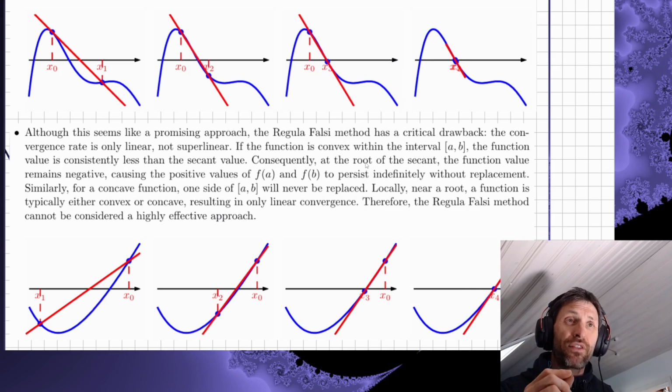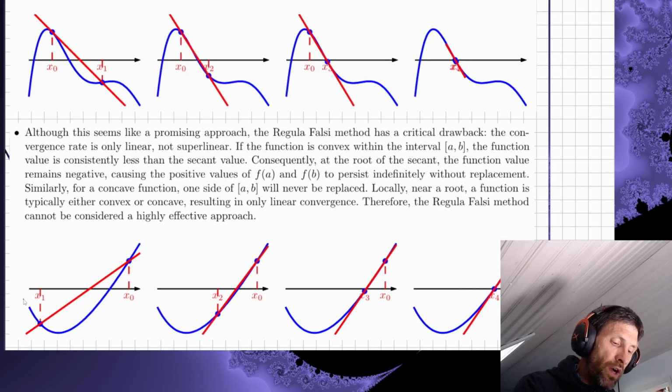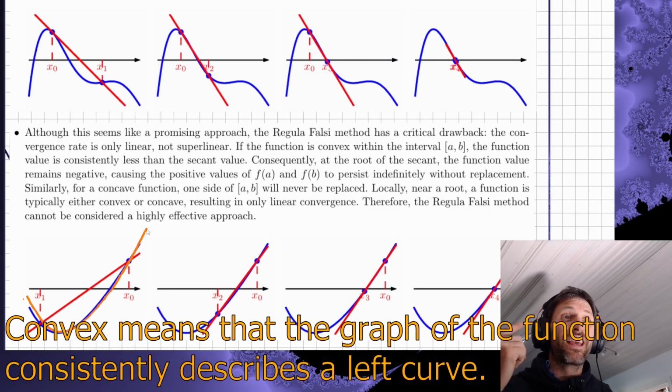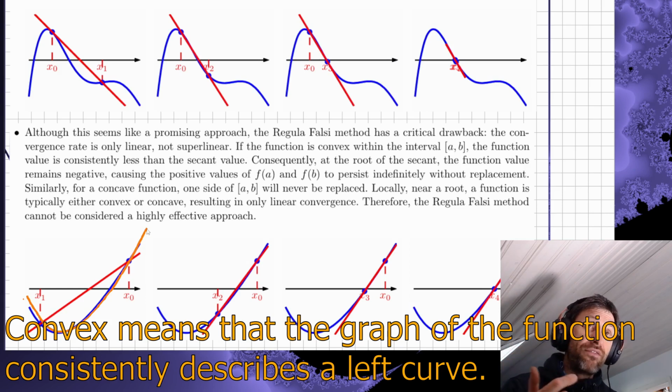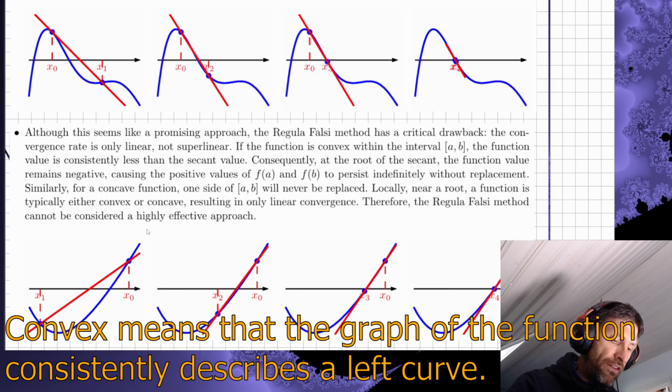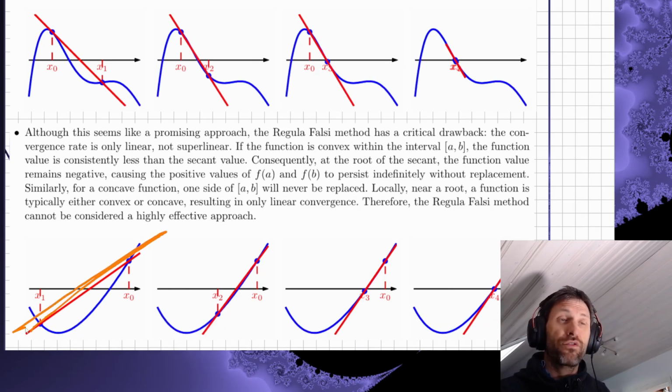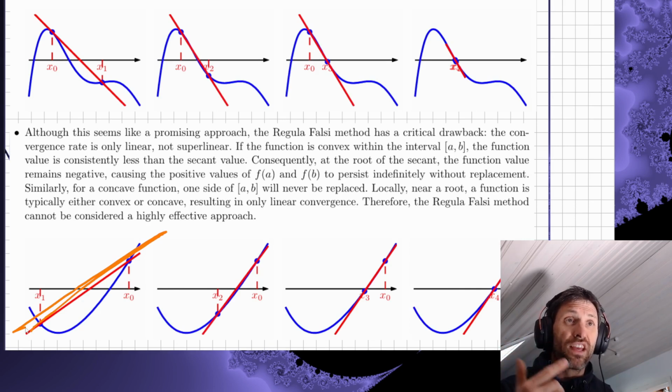If you have a function which is convex, that means the second derivative is strictly positive, then this implies that every secant is above the function. This is the property of being a convex function.